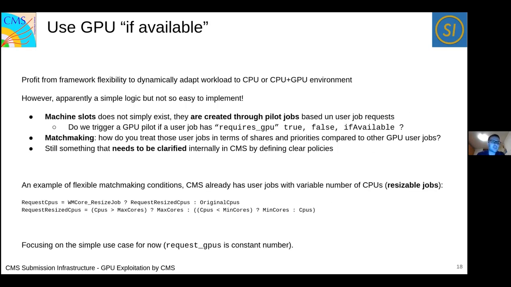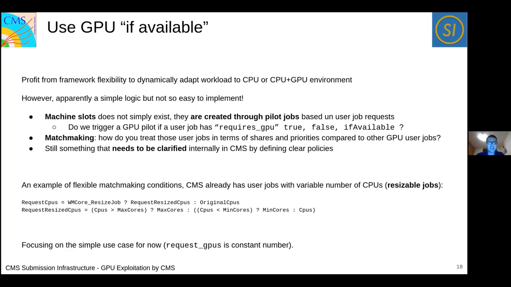A few considerations about the use of GPU if available. So the two questions are basically how to treat user jobs that are not requiring a 0, 1, 2 number of GPUs, but they are willing to use GPU if they are available. And the question is, should we trigger GPU pilots if those jobs are present?